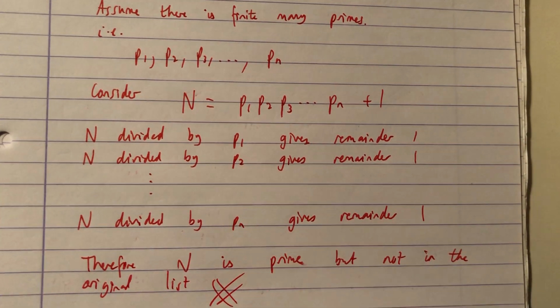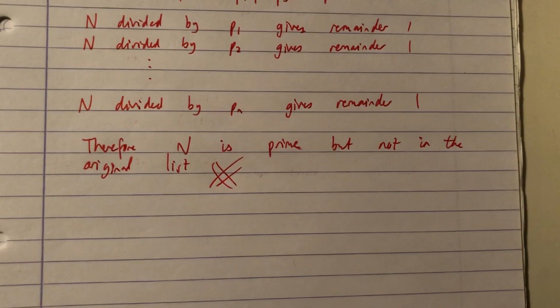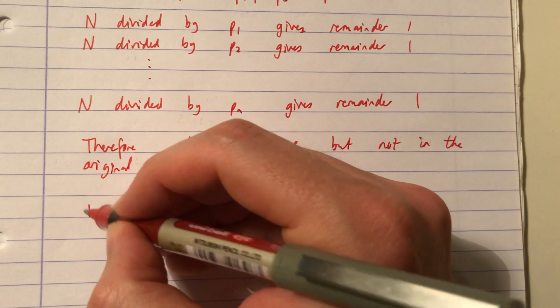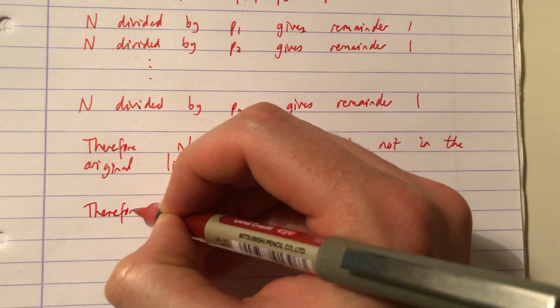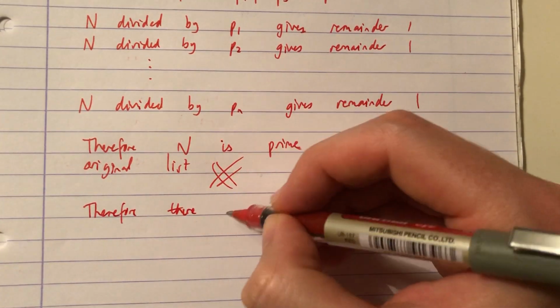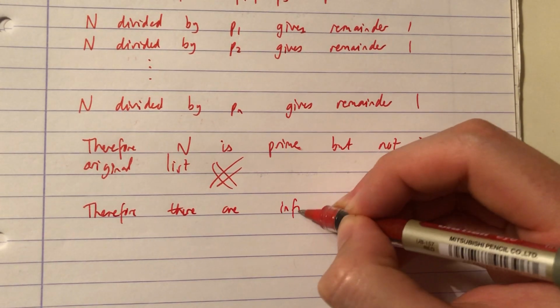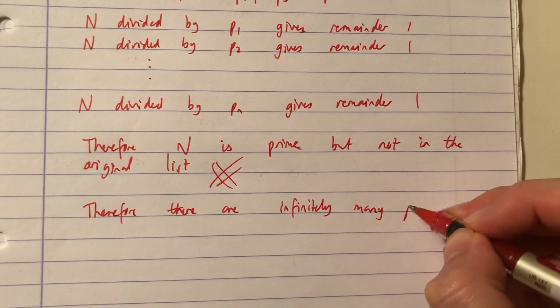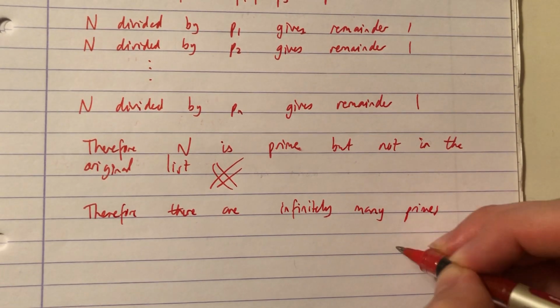Which is the contradiction. How can you list out primes, a finite number, and then come up with a prime which was not on that list? That's the contradiction. So then you can say, therefore, there are infinitely many primes. End of proof.